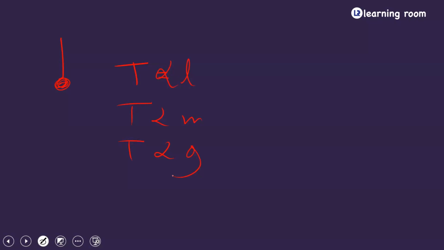That multiplied into mass gives you the weight. Ma is the weight. Ma is also the force. The force that you are putting on the earth is the weight. On your weighing machine, when you stand up, your mass into the acceleration due to gravity, you are putting a force on the weighing machine. That force is being measured in terms of kg. It tells you in kg how much force you are putting. That is your weight. That's all.